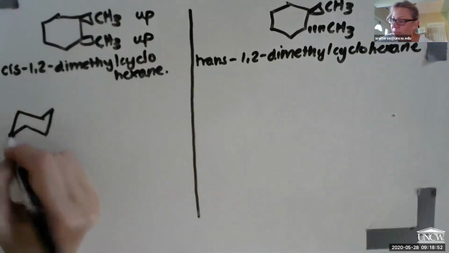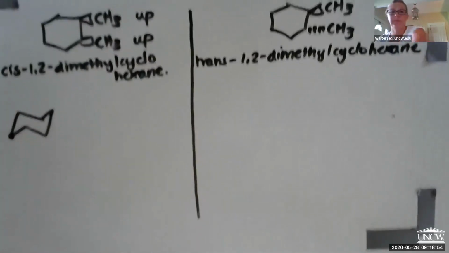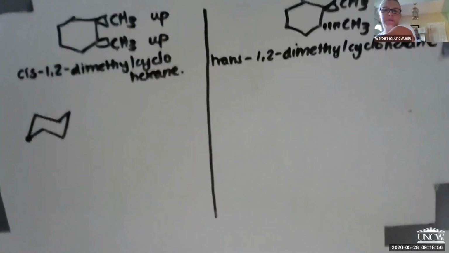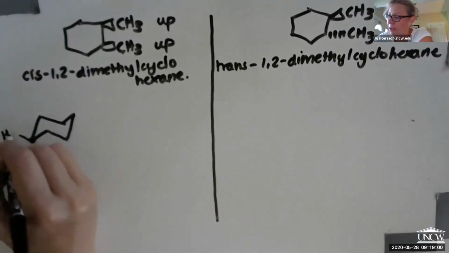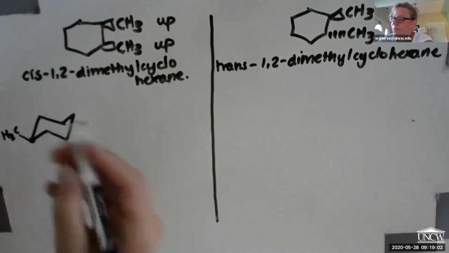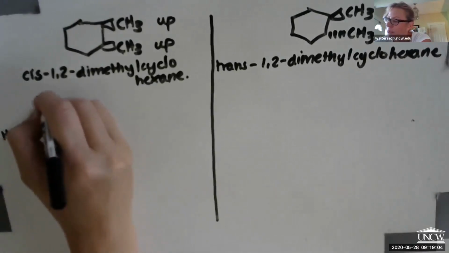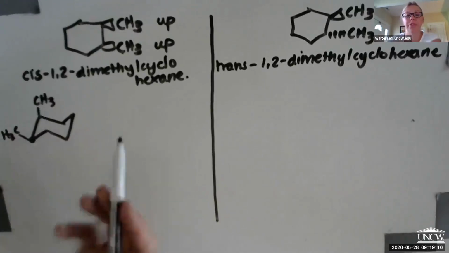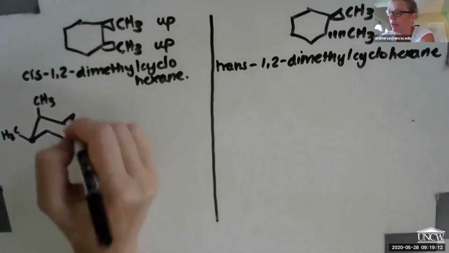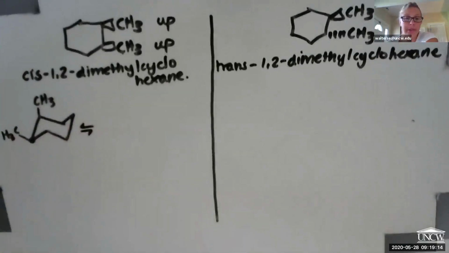Okay, so I'm going to start here. There's a methyl up. Here's a methyl up. They're not both the same, one is equatorial, one is axial, but they're both up on top of the ring. Equilibrium arrow.